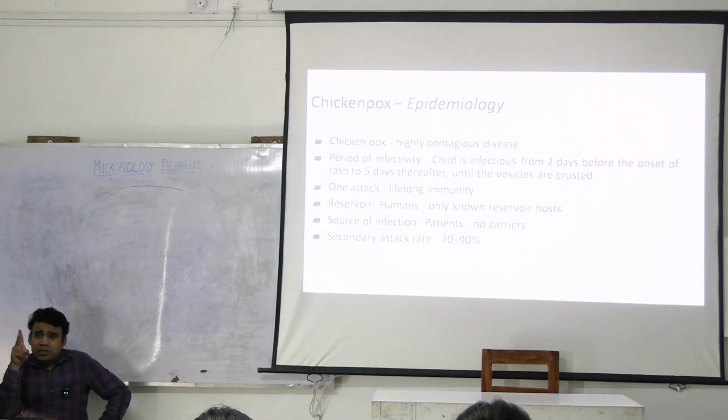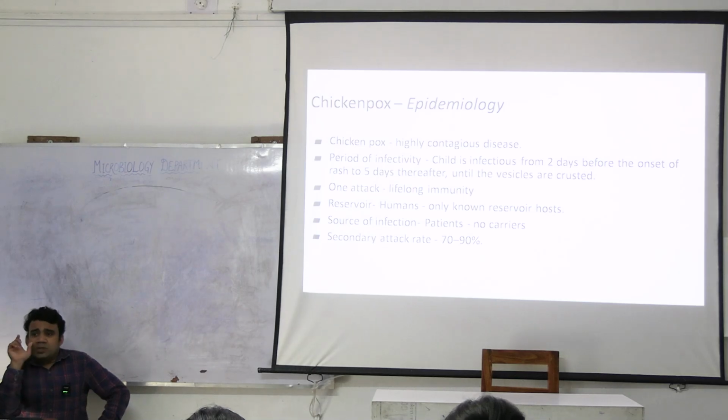That is 2 days before the person gets the rash and 5 days until the vesicles have clustered. That means almost healed. That is the timeline in which the person is infected. This is very important not only for the patient that you will be treating but also for your own self.